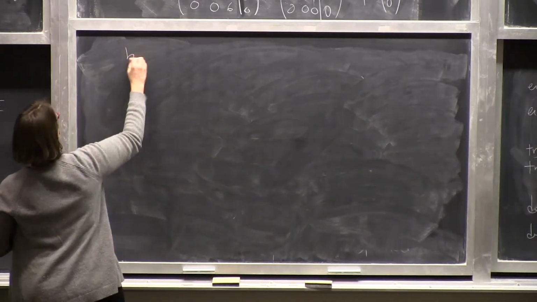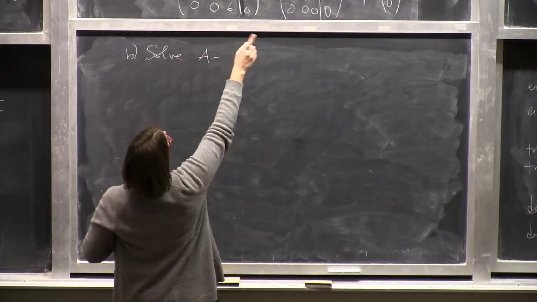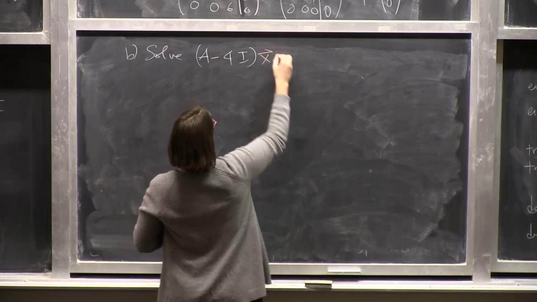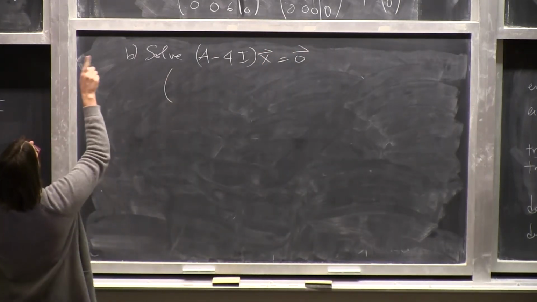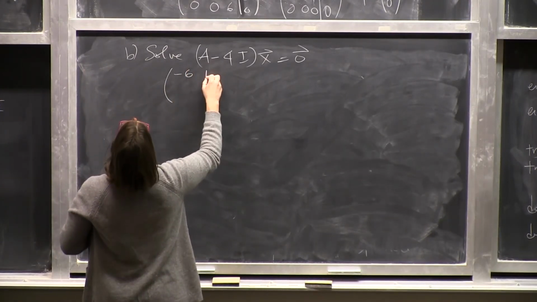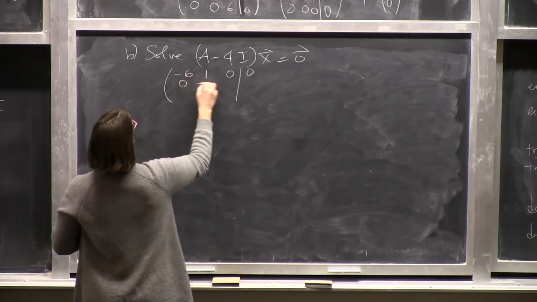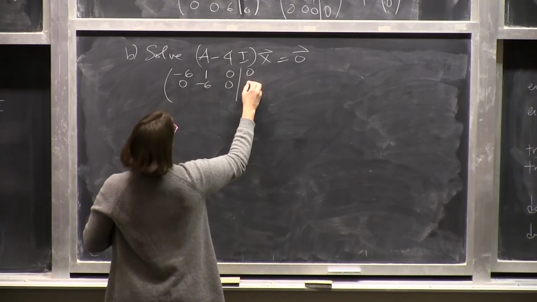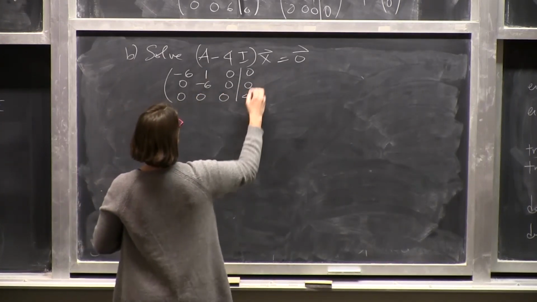B was solve A minus 4 times the identity times x equals 0. So I subtract 4 off the diagonal, and I get -6, 1, 0, 0, 0, -6, 0, 0, and 0, 0, 0, 4.